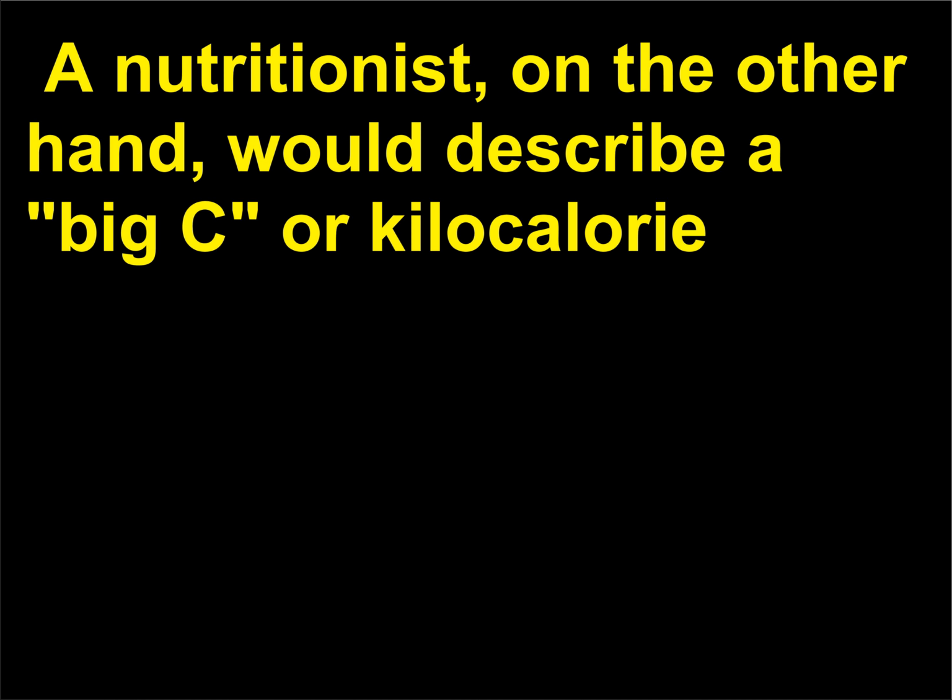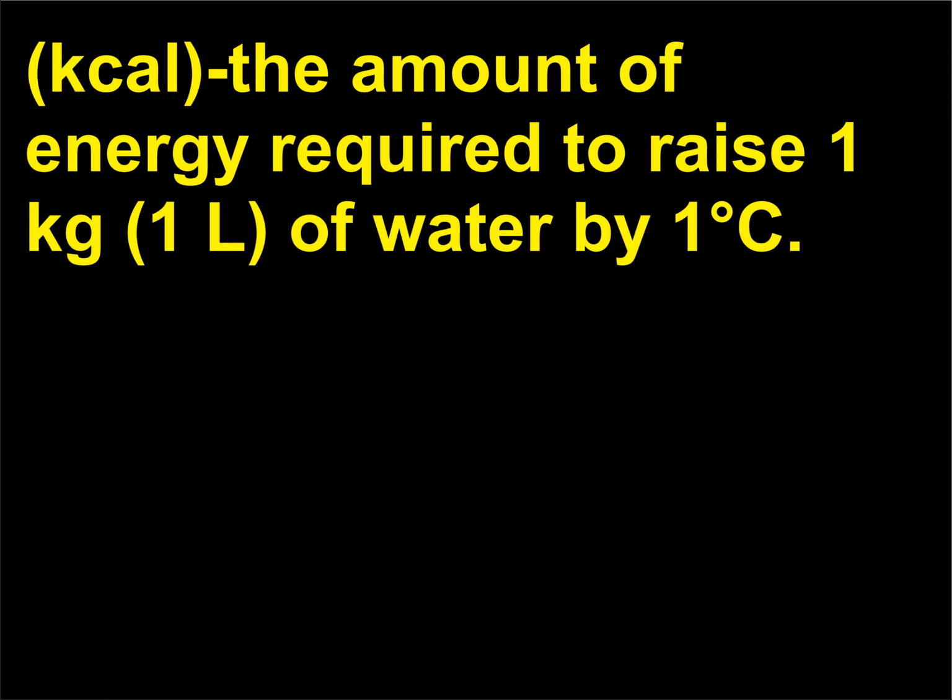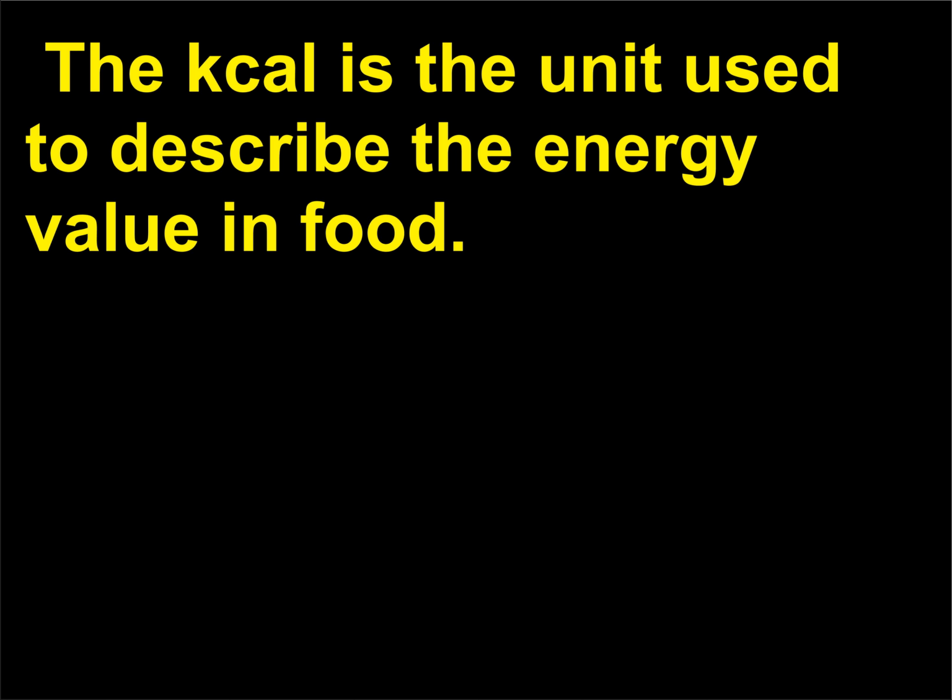A nutritionist, on the other hand, would describe a big C or kilocalorie, kcal, the amount of energy required to raise 1 kilogram, 1 L, of water by 1 degree Celsius. The kcal is the unit used to describe the energy value in food.